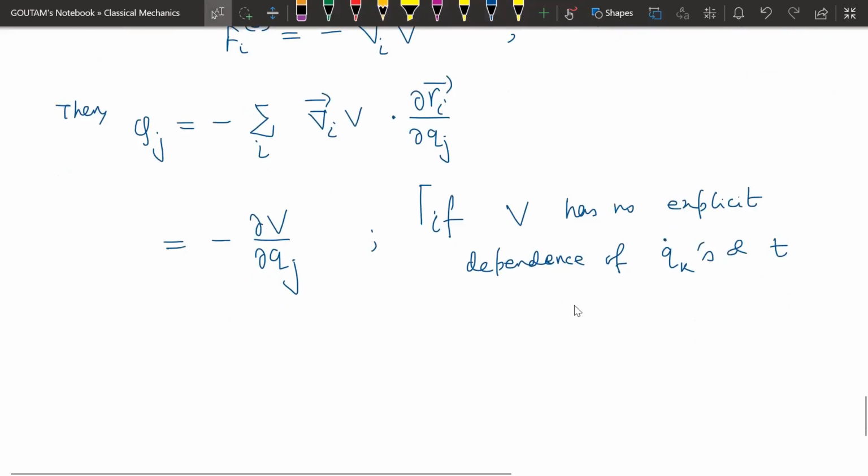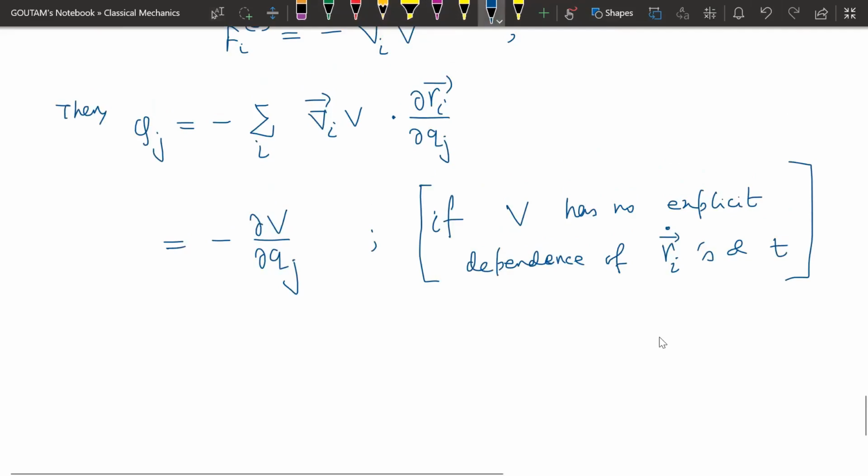So this is basically the chain rule of derivative. This is not q dot, this is r dot, this is a velocity. Let's write ri, it's not q because it's ri. So it is the simple chain rule.